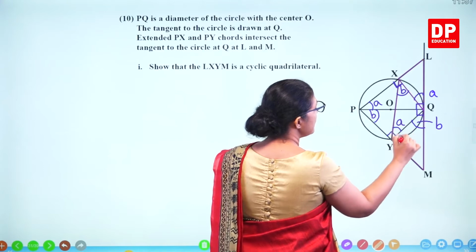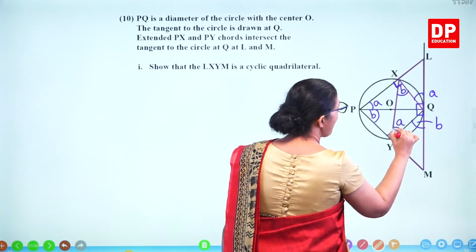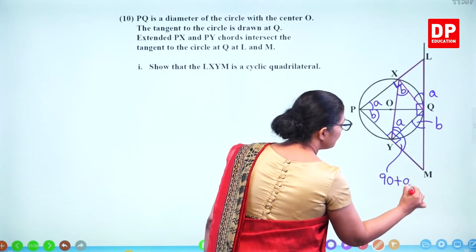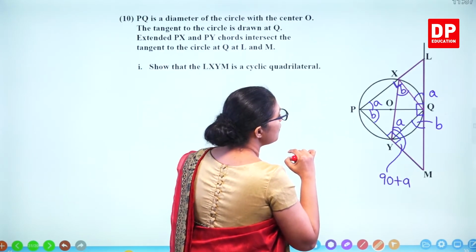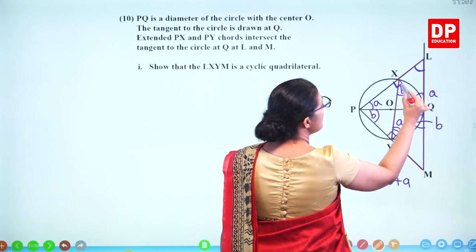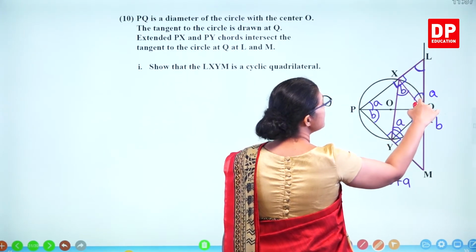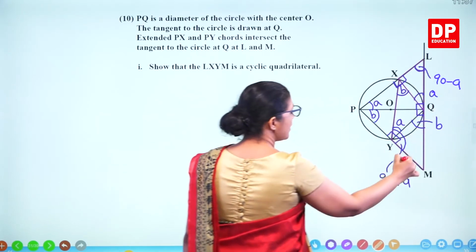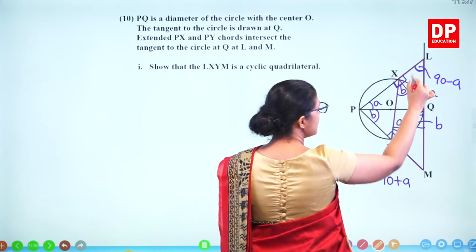This whole angle is 90 plus A. So this part is 90 plus A. And we need to find out this angle. What is this one? This is 90 and this is A. That's 90 minus A.